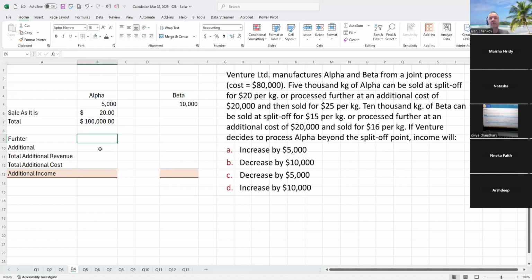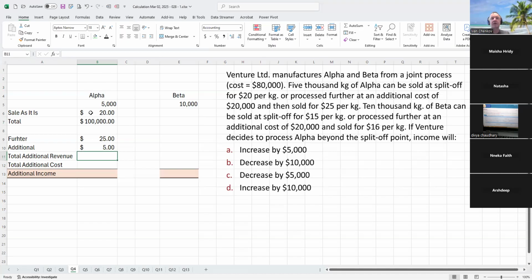Now, if we process further, the additional cost is 20,000. How much can we sell it for? 25. How much is the additional that we're getting? 25 minus 20, we're going to get $5 more. Correct? Make sense?